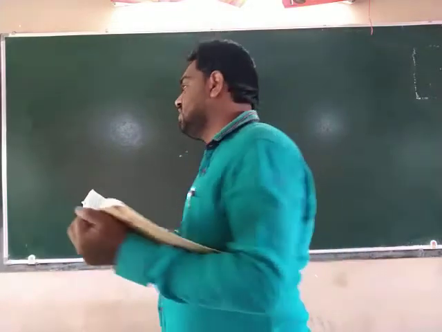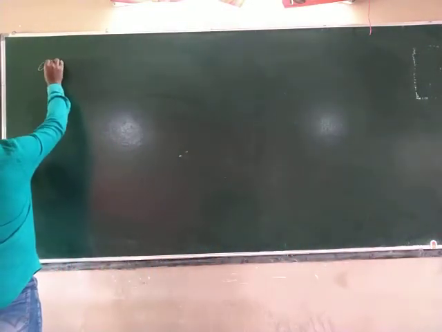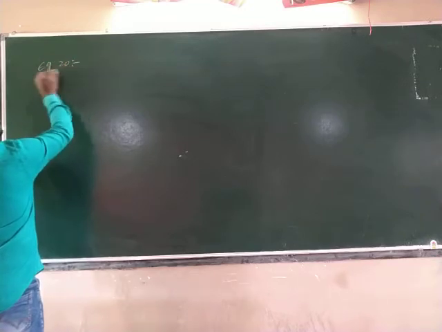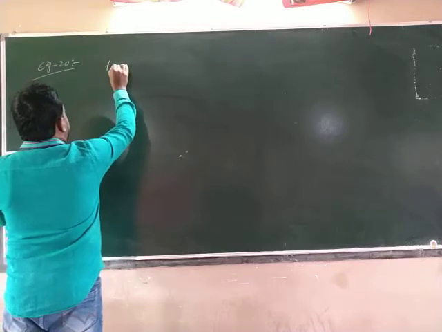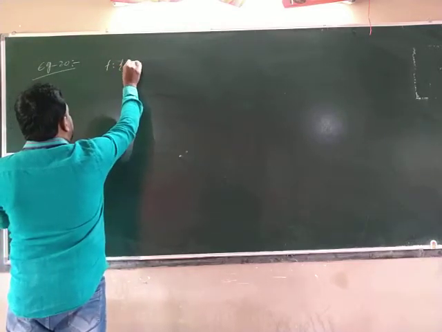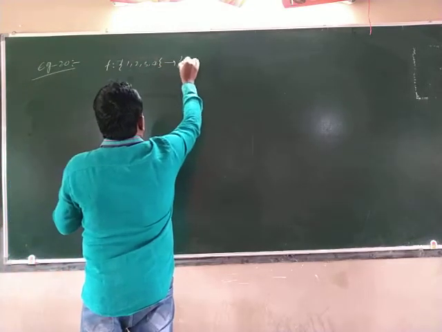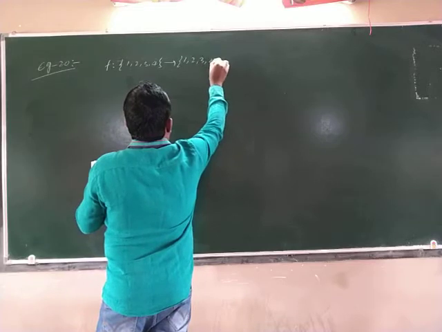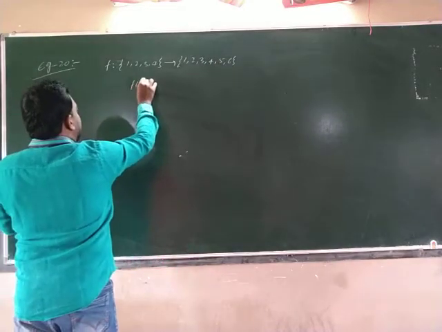What we are assuming to say, this is example 20, a simple one. Here f is a mapping from the set {1,2,3,4} to the set {1,2,3,4,5,6}, defined by f(x) = x.